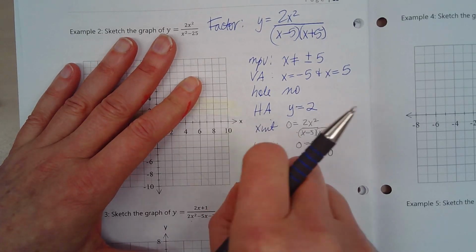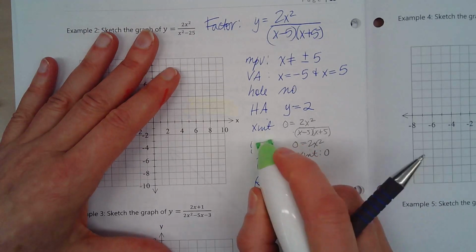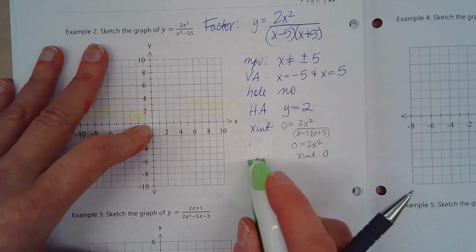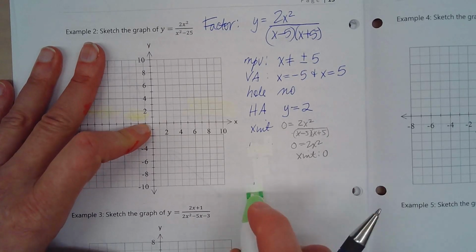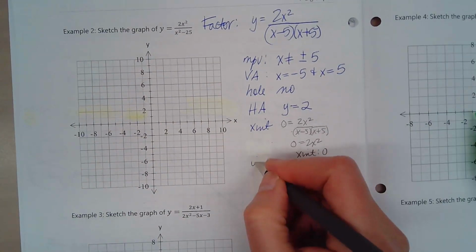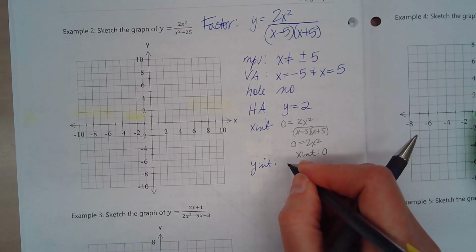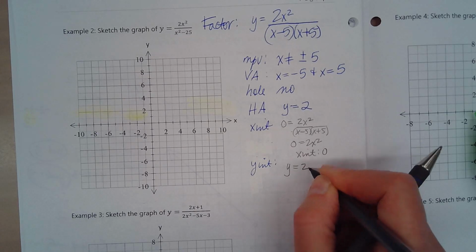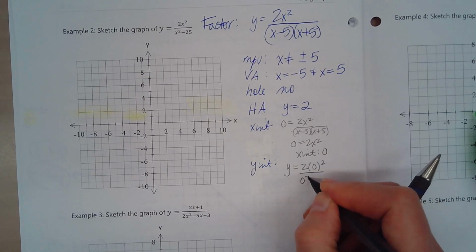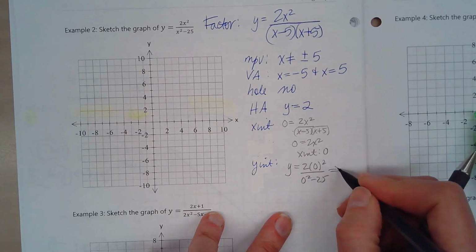Now, if my x-intercept is 0, that means my y-intercept has to be 0 as well, because if you have an x-intercept at 0, that's also going to be your y-intercept. But I can prove it to you too. For my y-intercept, same thing: I replace x with 0. y equals 2 times 0 squared over 0 squared minus 25 if I use this form, so it's just going to be 0.